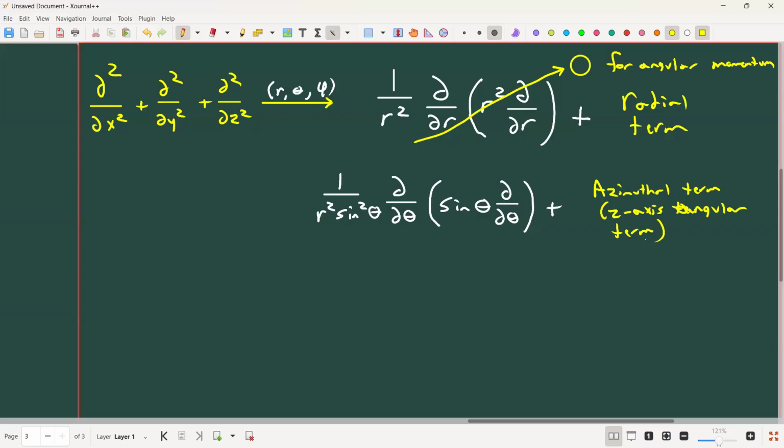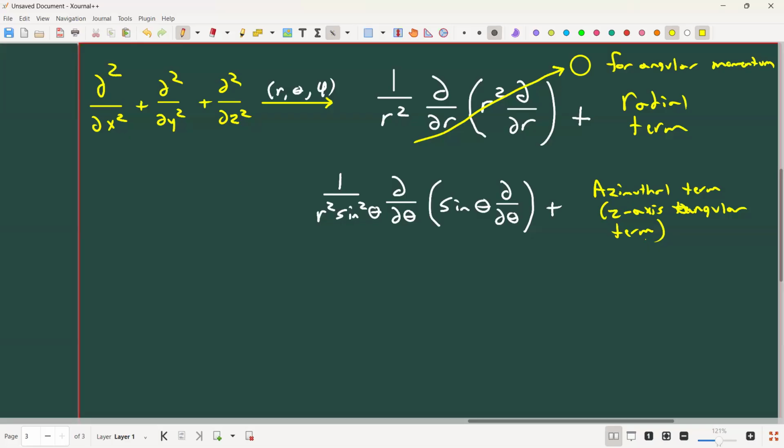What this is telling you in some sense is, if theta is 0, that means that the electron is directly along the y-axis. Okay, so there's no angular, or is it z-axis? There's no angular momentum along the z-axis because it's not precessing around it. And this term blows up, which means that the system in some sense wants to precess.